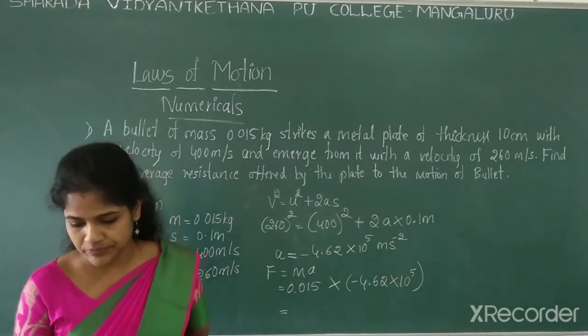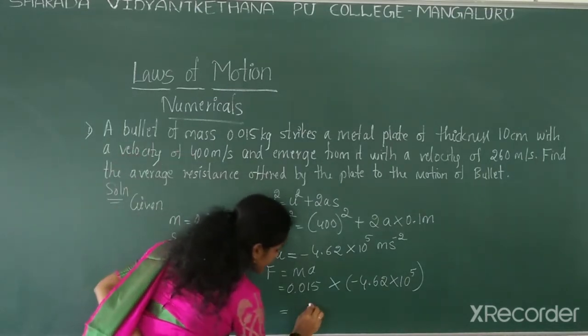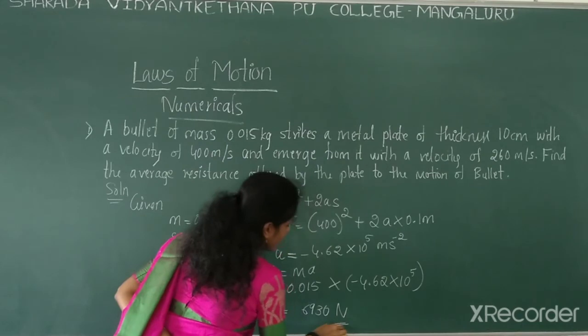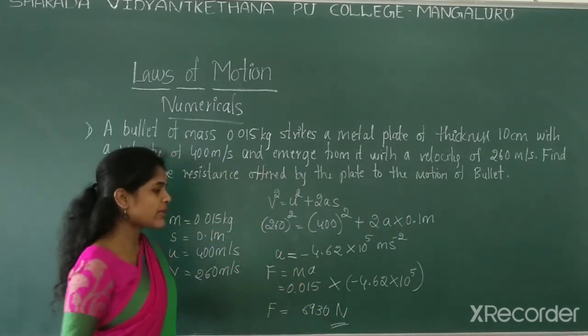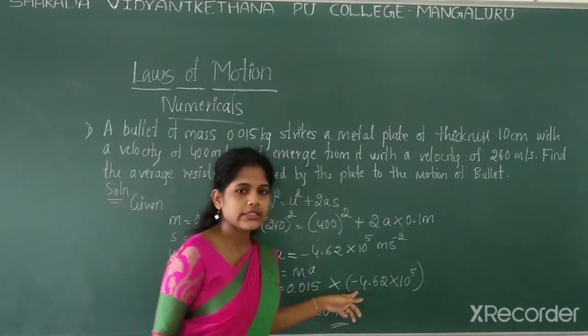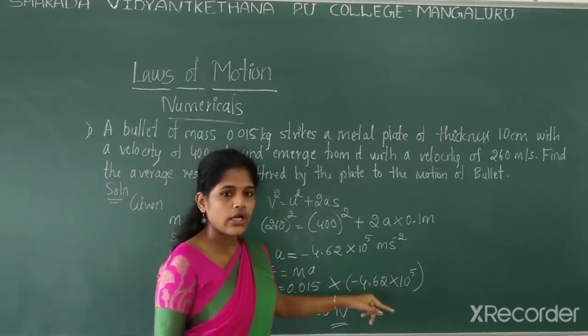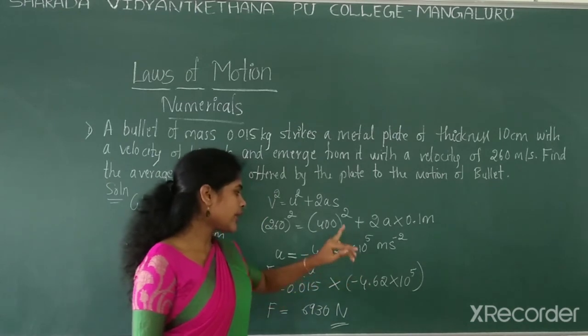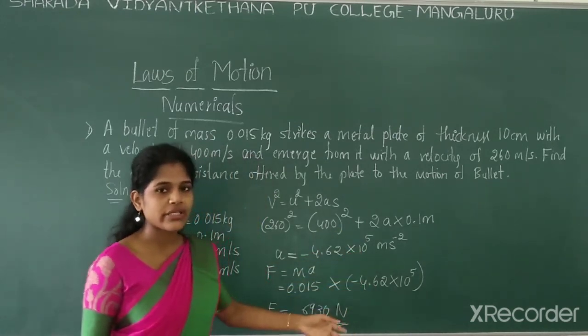So that is 6930 Newton. Here the minus sign is there since it is a resistive force, an opposition force. Since it is a resistive force, you can write the minus or you can neglect it, it's not a problem.